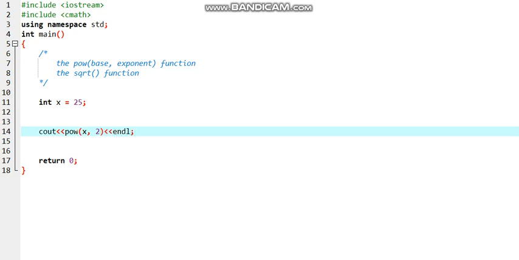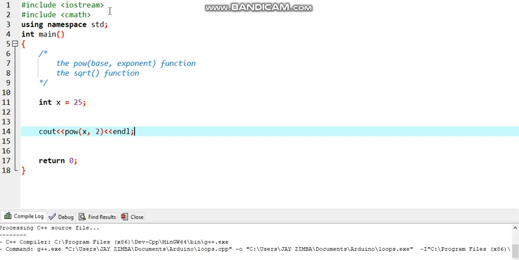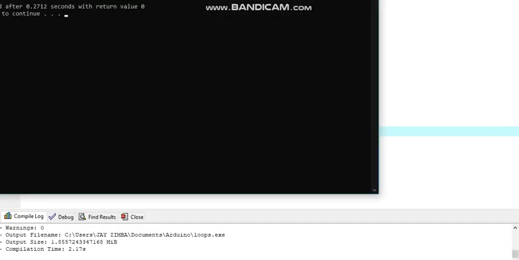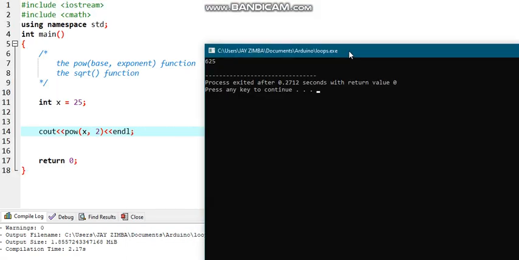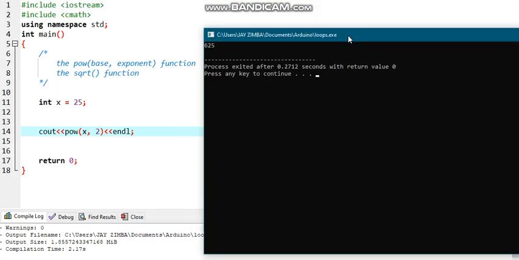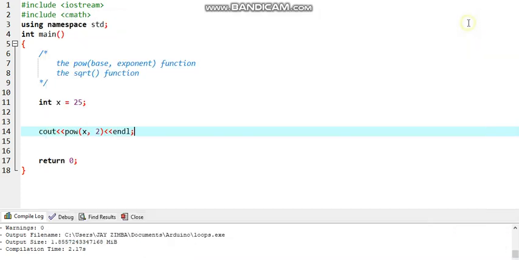So 25 raised to the power 2, that's 25 times 25. So 625 was our answer. You can use a calculator to verify that. That's 25 times 25, giving you 625. Let's try to raise it to the power 1.